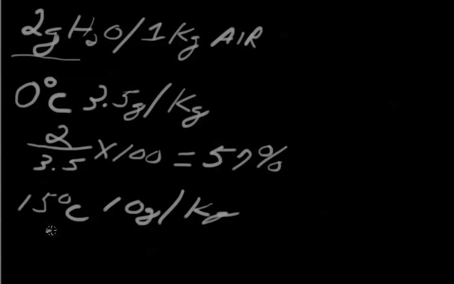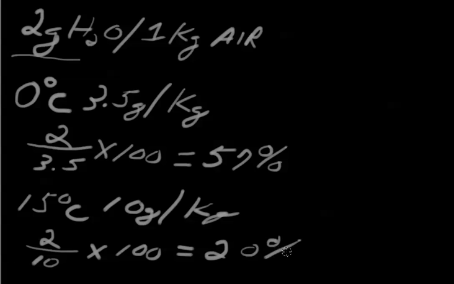So now we've got 2 divided by 10 times 100, and I think if my math is right, that is about 20%. As you can see, we dropped pretty significantly between 0 degrees Celsius and 15 degrees Celsius as the temperature goes up.